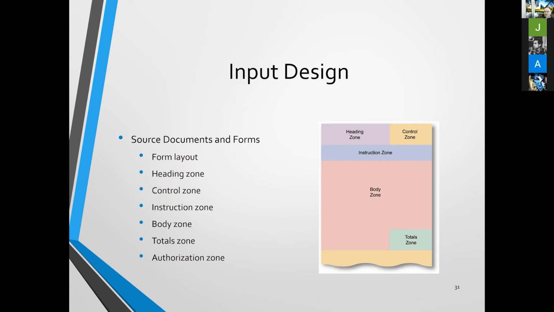It's the same thing. You should think about the form layout for the whole form. How can you put each component on it? What is the color of the form that you should use? For an on-screen form, we normally use the same theme as other pages, but for a paper-based form, some businesses use special colors for different kinds of forms.